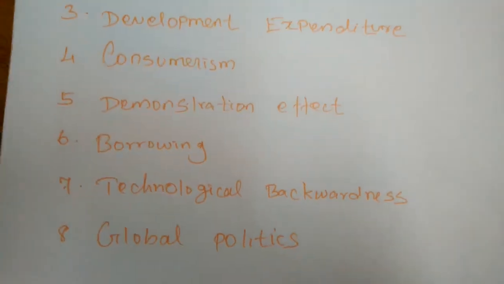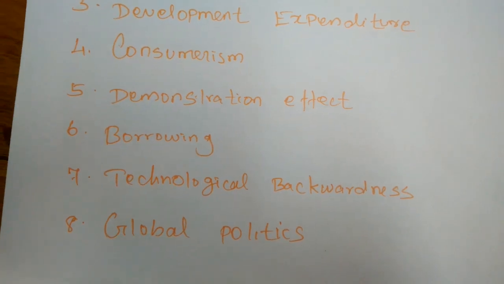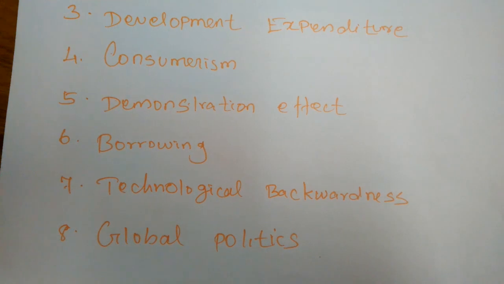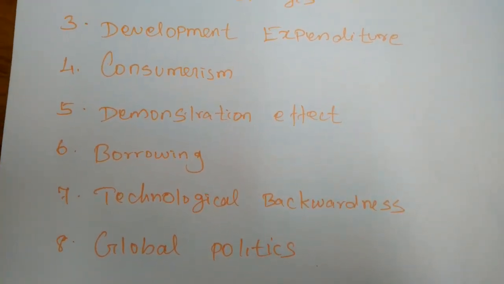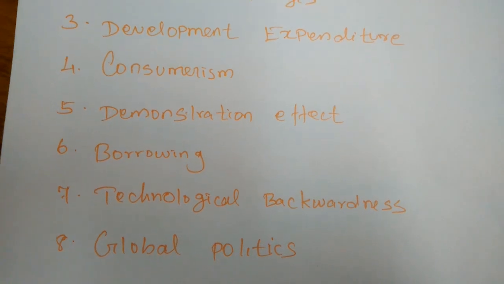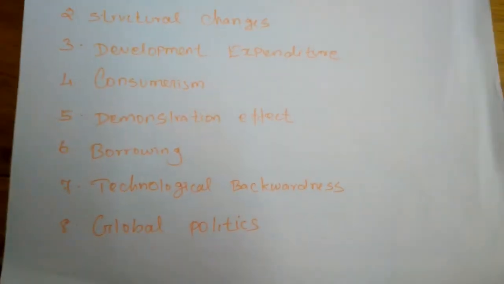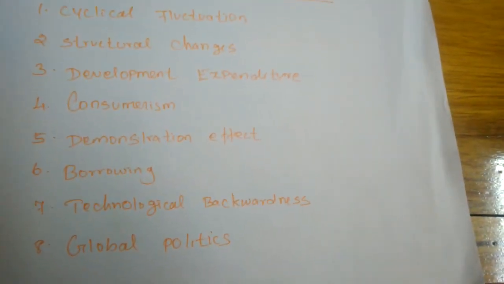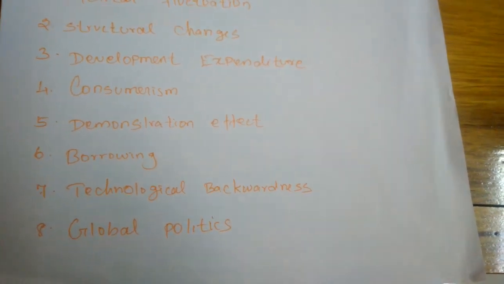Next, borrowing. International borrowing and investment may cause a deficit in the balance of payments. When the international borrowing is heavy, a country's balance of payments will be adverse since it repays the loans with interest. So when we have the chance to borrow finance from international financial organizations, we can borrow the money.